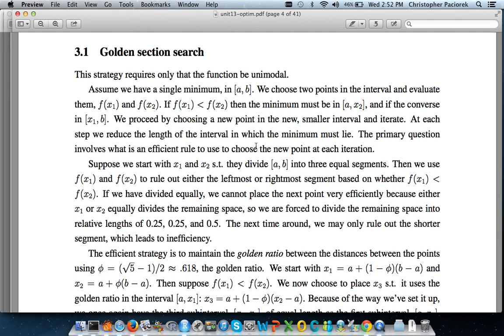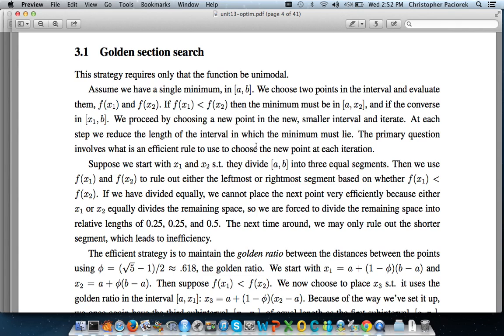So the total length is going to be 1 minus phi plus 2 phi minus 1, which is just phi.